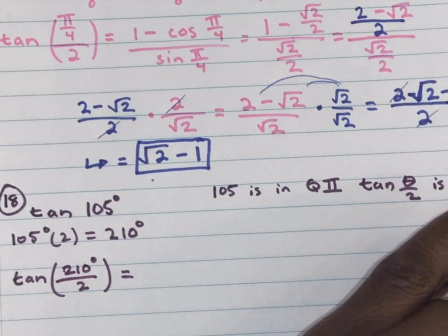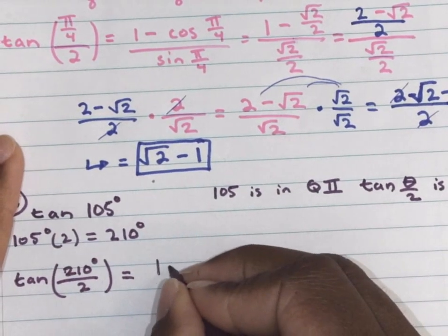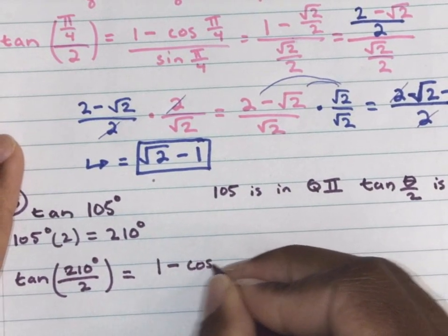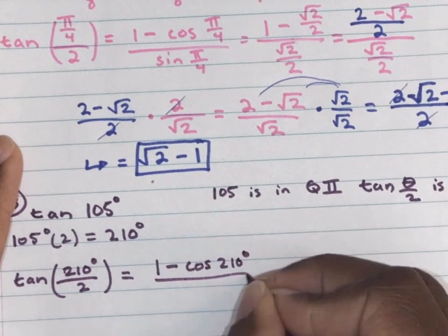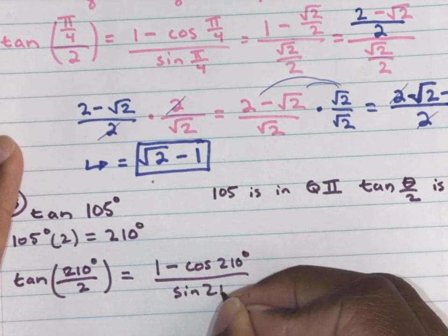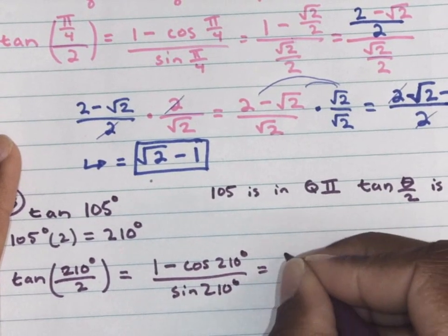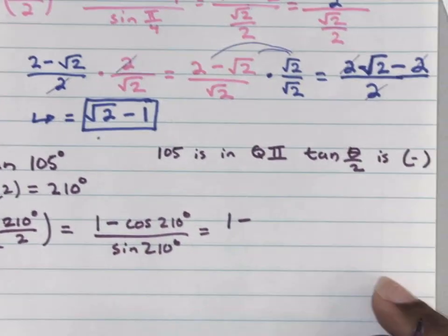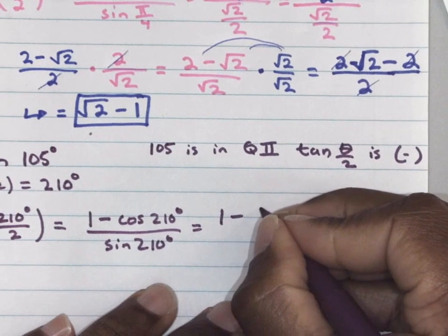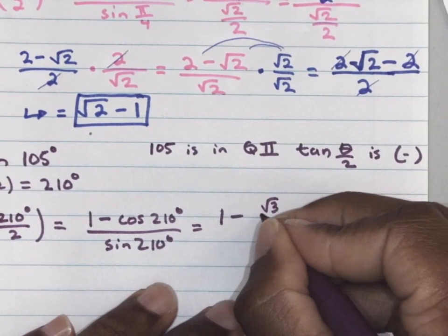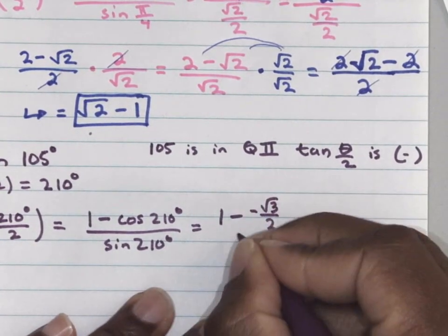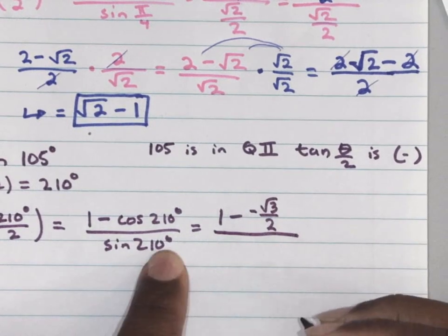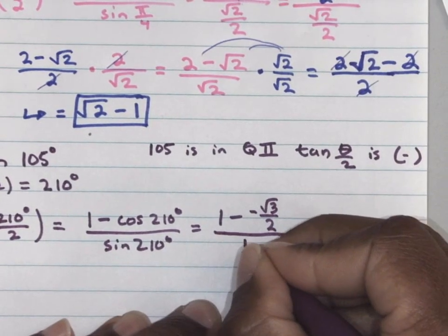Using my half angle formula for tangent, I got 1 minus cosine of 210 divided by sine of 210. That's 1 minus, 210 is 30 away from the x-axis. So I know cosine of a 30 is root 3 over 2. And in the third quadrant, it'll be negative. And then sine of a 30 is 1/2.